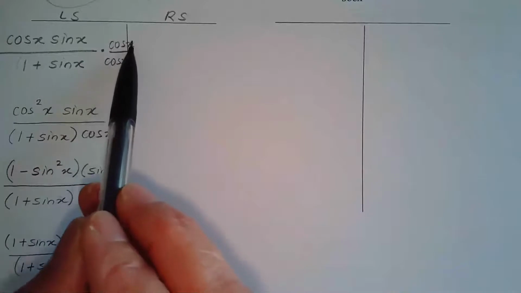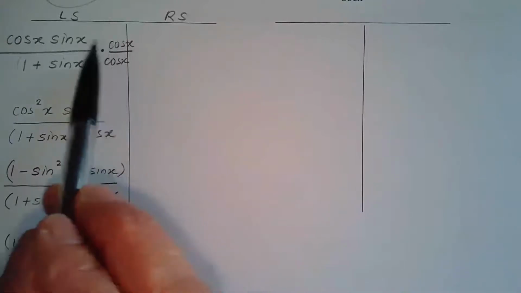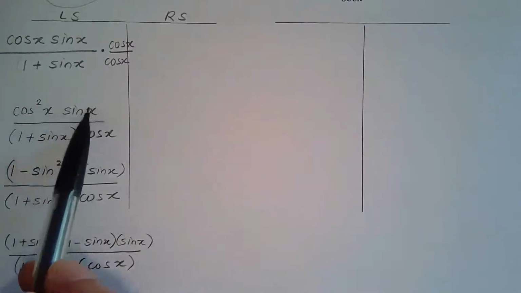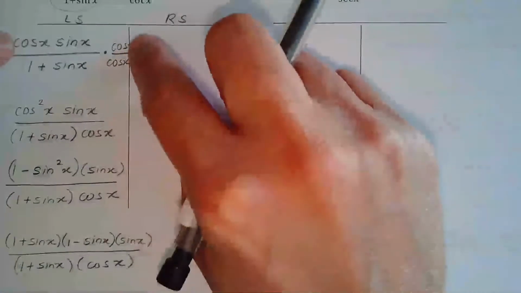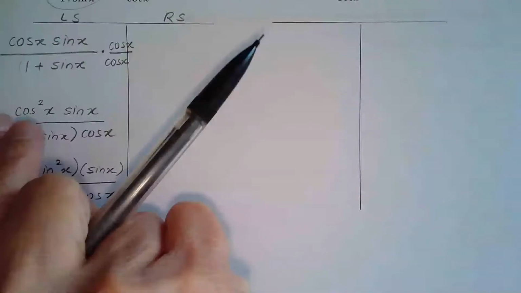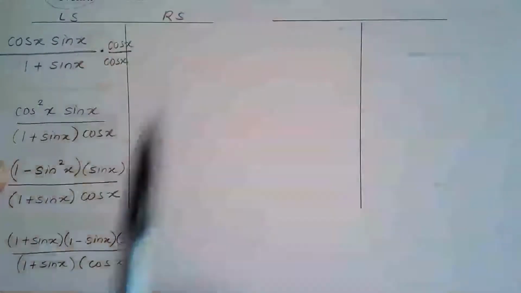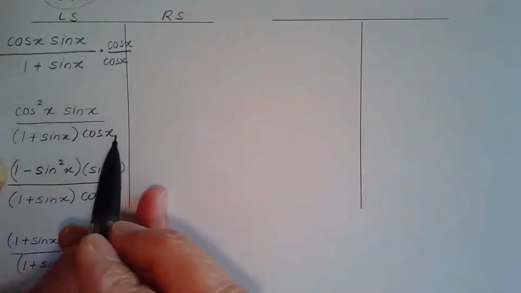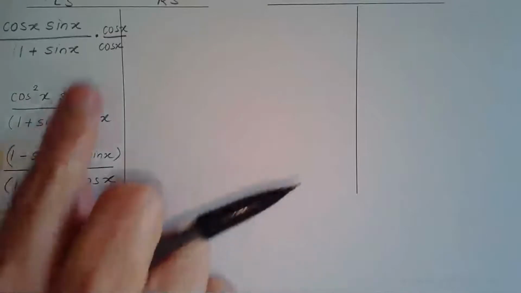It's basically multiplying by 1. And then when I multiply this, it creates the cos squared of x times sine of x. These two cos of x give us cos squared of x, and these two, instead of expanding, I kept separate.